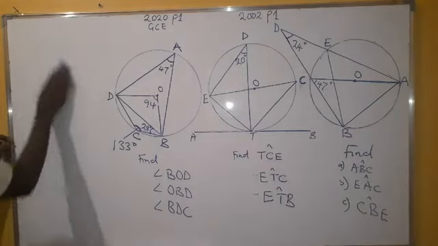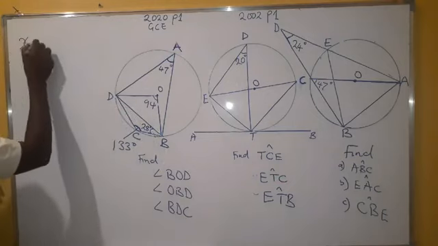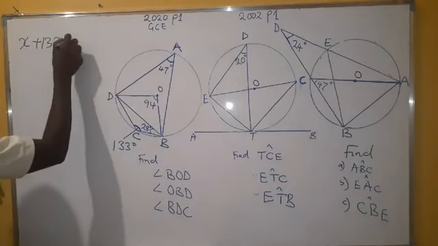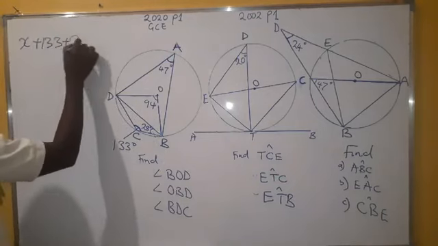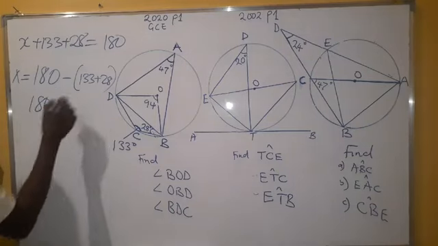So to get what we do not know here, which is x, 133 plus 28, plus x, is equal to 180. So x, which is what we are looking for, is equal to 180 minus 133 plus 28. Okay? So 180 minus, let's add this one.